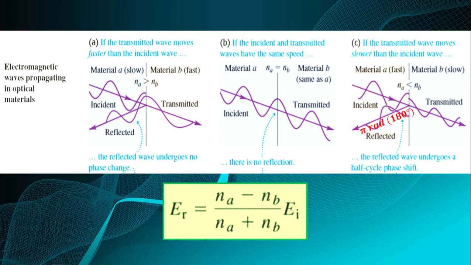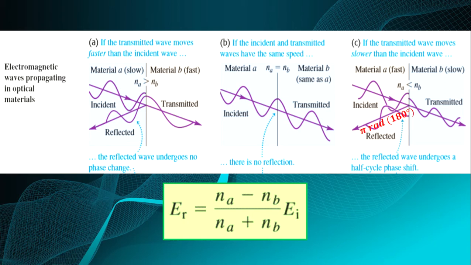In this case, E sub R and E sub I have opposite signs, and the phase shift of the reflected wave relative to the incident wave is pi rad, which is equal to 180 degrees, or a half cycle phase shift.